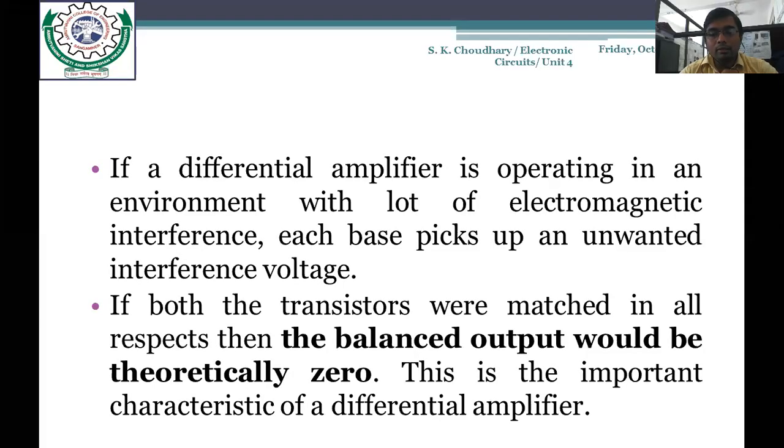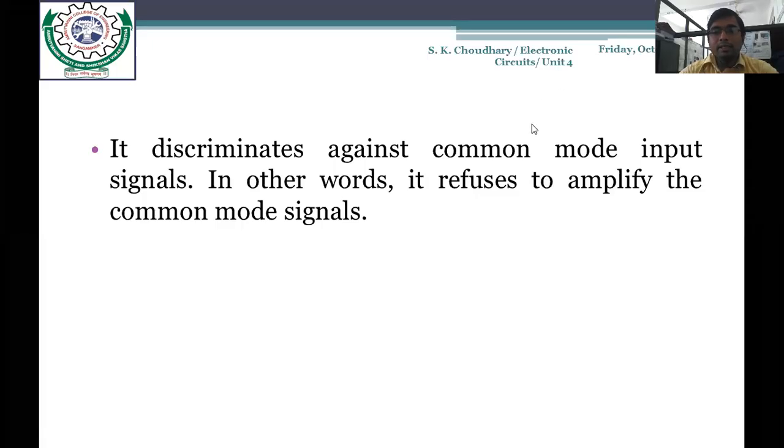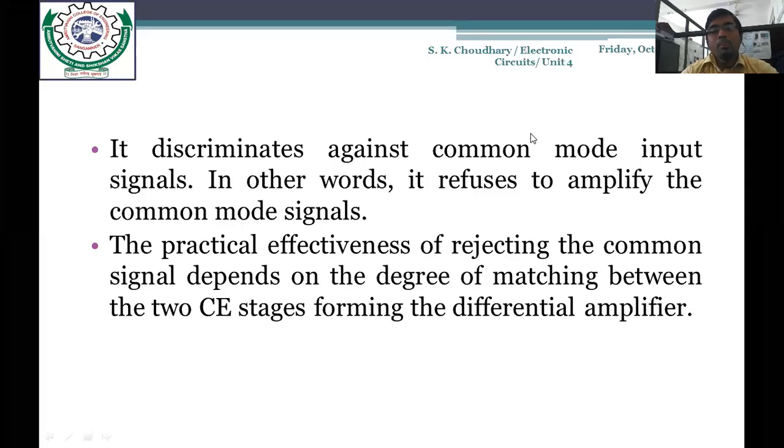What restricts it from amplifying the common mode signal? This is the condition I have mentioned here. If both transistors are matched in all respects, your balanced output would be theoretically zero. So this condition is what refuses to amplify the common mode signals. The practical effectiveness of rejecting the common signal depends upon the degree of matching of the two common emitter stages in the differential amplifier.